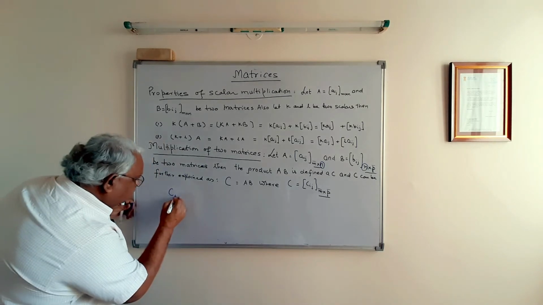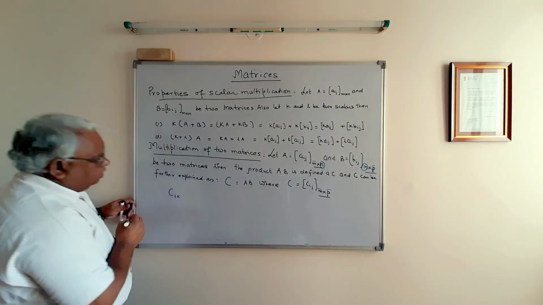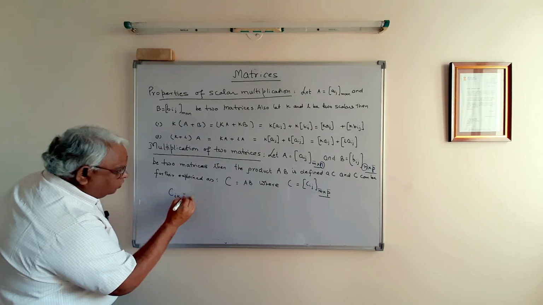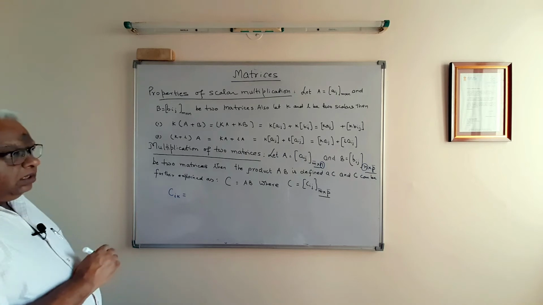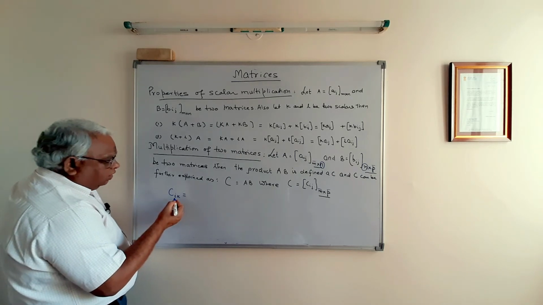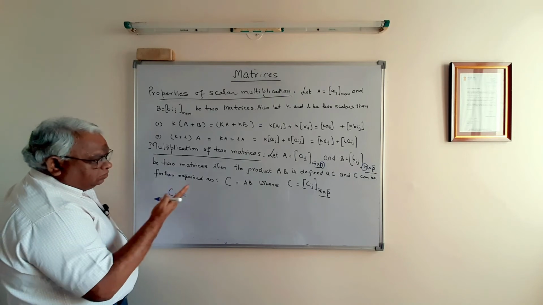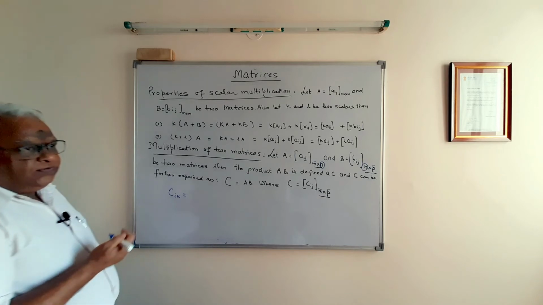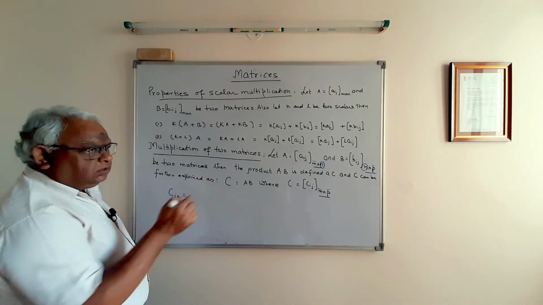Let us take Cik. This is an element. So what does it mean? That this i must belong to the first matrix and this k must belong to the second matrix. Then what about the middle one?